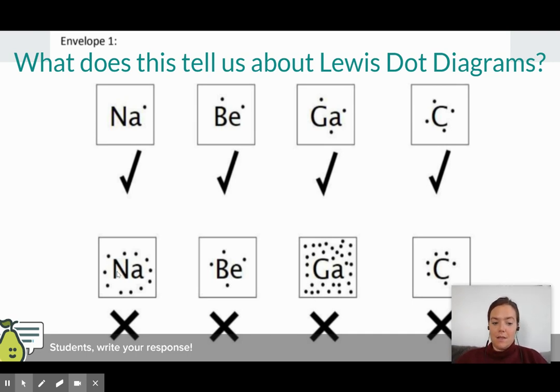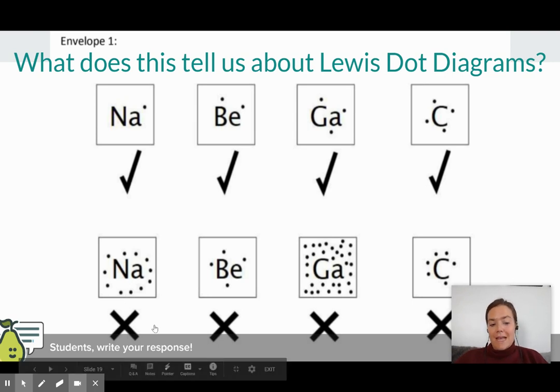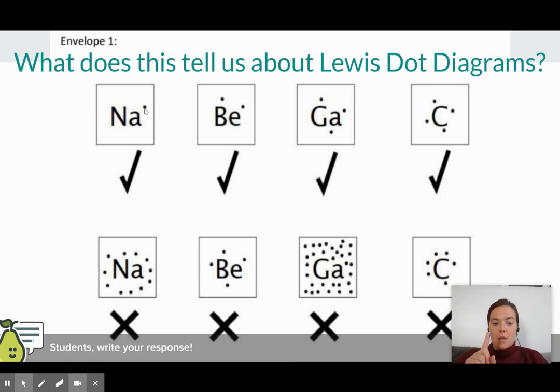Sodium has 11 total electrons: 1, 2, 3, 4, 5, 6, 7, 8, 9, 10, 11. The 11 are represented here, but that's not how we draw a Lewis structure. The Lewis structure, this one, has 1 dot. And if we know that sodium, Na, is in the first column, that means it has 1 valence electron, and that's what is represented here.